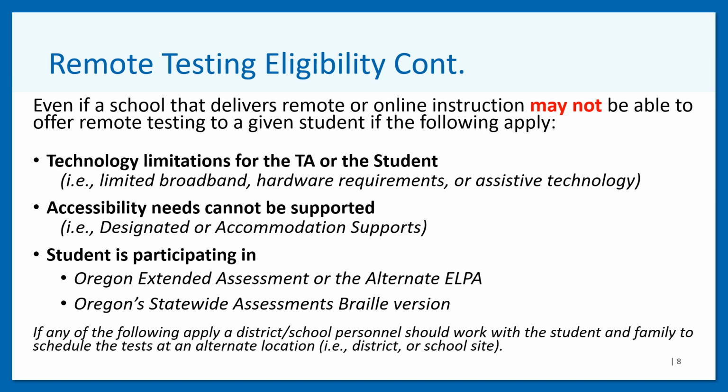If a school has technology limitations for the TA or the students, such as limited broadband, hardware requirements, or assistive technology, or if a school identifies accessibility needs that cannot be supported, such as designated or accommodation supports, and if a student is participating in either the Oregon Extended Assessment or the alternate ELPA, or any Oregon statewide assessment presented in a Braille version, they will not be able to provide remote testing and will need to work with the student and family to schedule the test at an alternate location, such as a district office or an alternate school site.